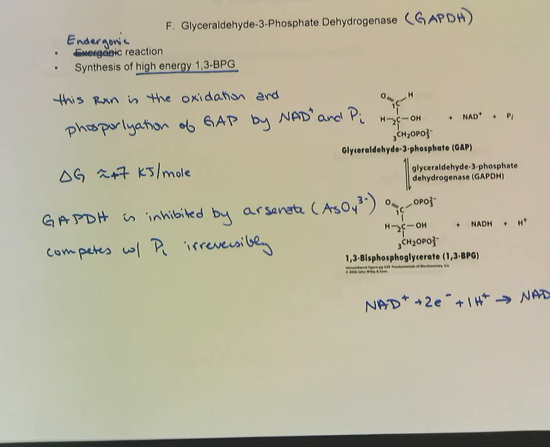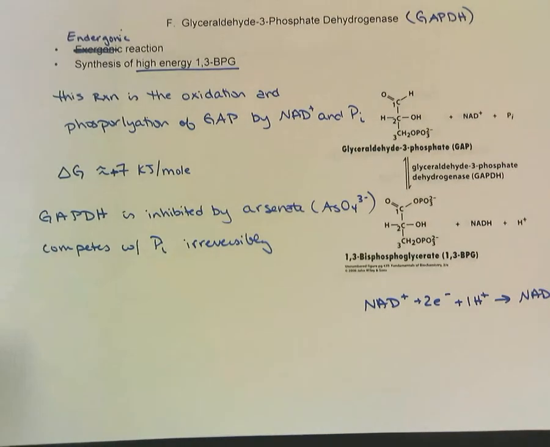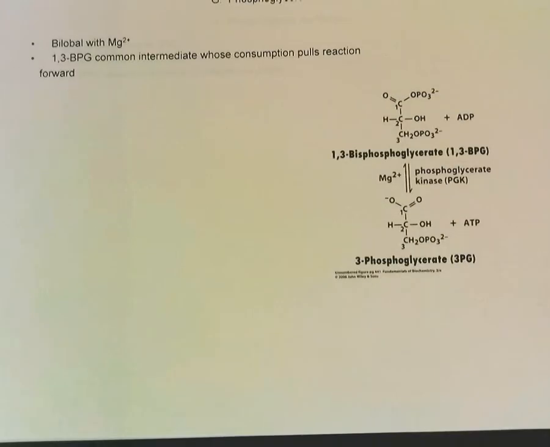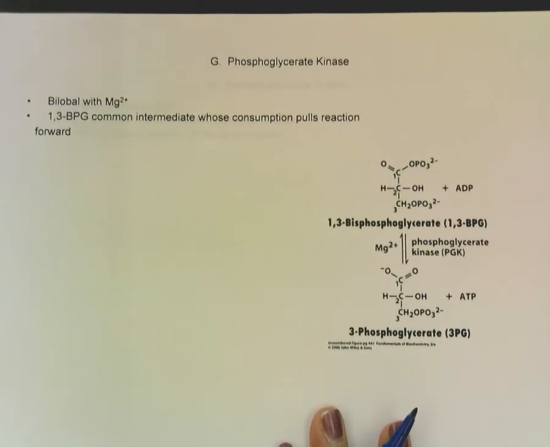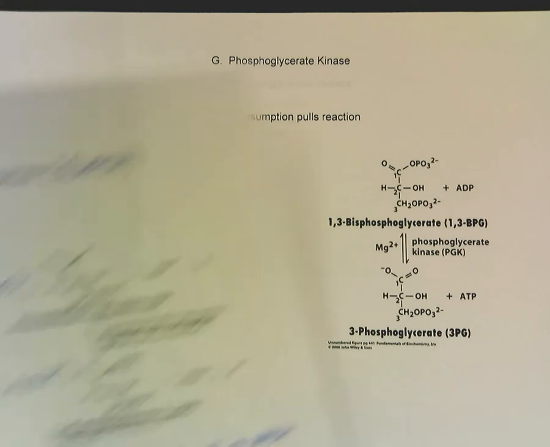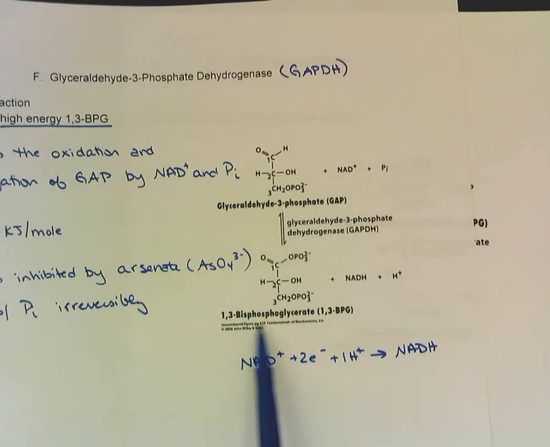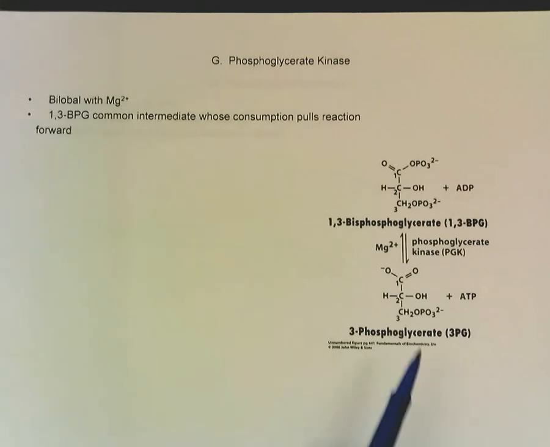So now we've made our high energy intermediate. What we're going to look to do is make some more high energy intermediates and then cleave off those phosphate groups to release energy. So here's our 1,3-bisphosphoglycerate. We have 2 phosphate groups attached to that.